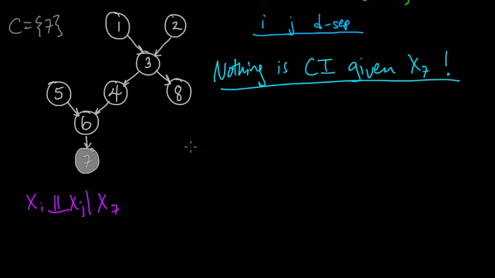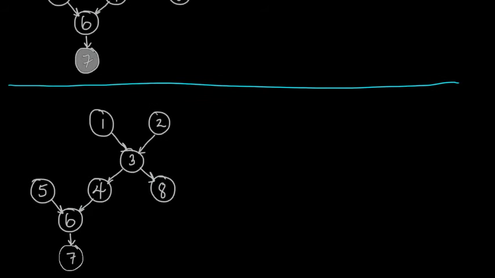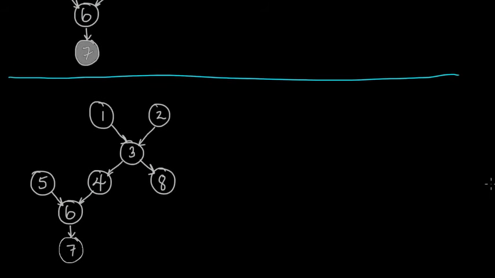So let's do another one. Let me redraw this again, and we'll condition on something else. All right, so I'll pause for a second here. Okay, we're back. So I made a copy of that same graph once again, and we're going to try something else now. So we had 3 examples so far.